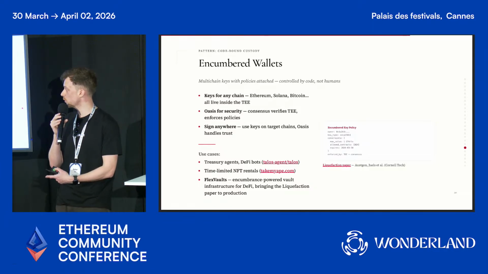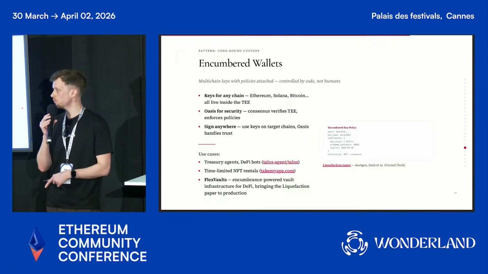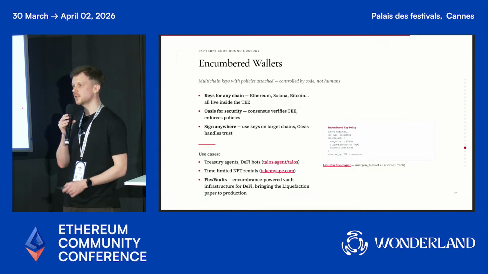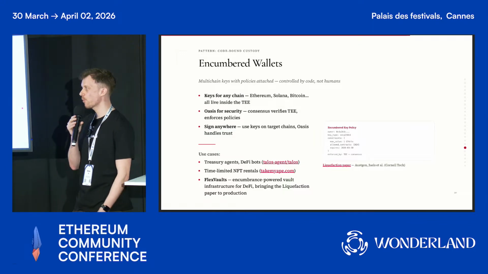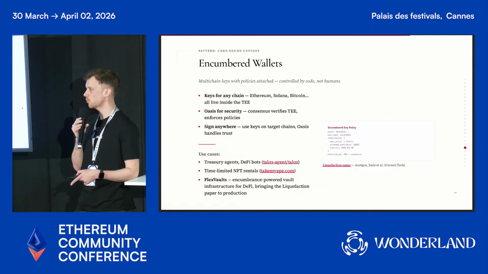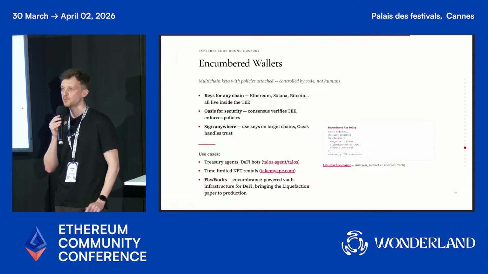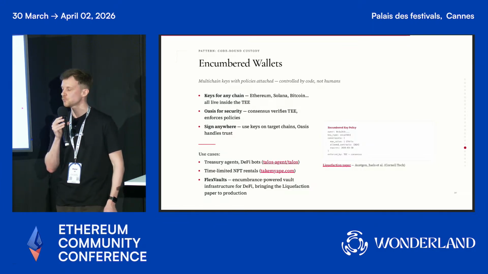But one cool example is Take My Ape. That's actually what they built as a proof of concept of their paper. And what they did is they have an Ethereum account that was generated inside the Oasis ROFL TE. That account actually owns a Bored Ape on the Ethereum mainnet network. And then they built an on-chain bidding process where users can bid to get access to that key for a limited period.